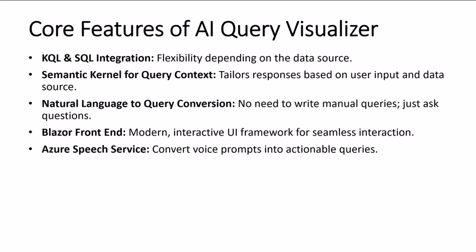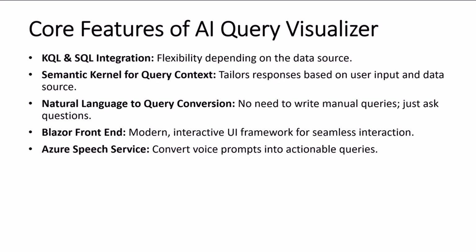It's a natural language to query conversion. We don't need to write any manual queries. As I said before, if you have a query with page and page views count, and now you need a URL, again you need to write another query. You don't need to do that. You just send a natural command, okay, include URL. It's going to include the URL and show you the data.